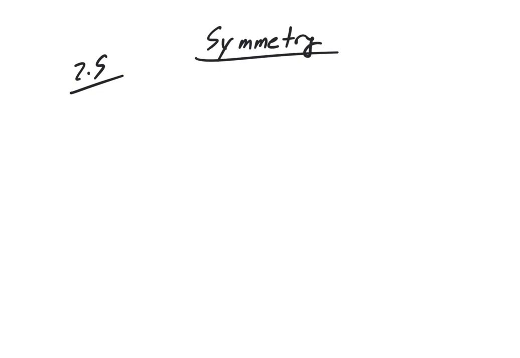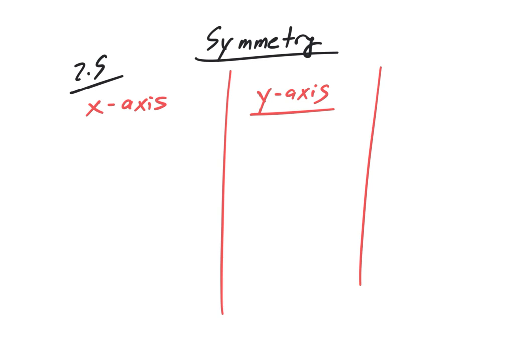There's three kinds of symmetry that we're going to talk about today. There is symmetrical to the x-axis, symmetrical to the y-axis, and then symmetrical to the origin.